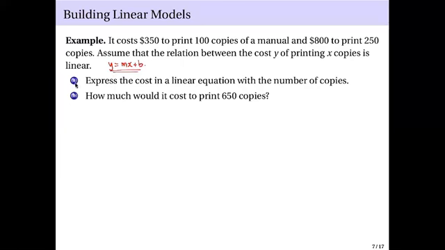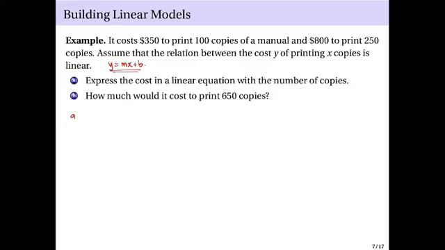So here, for letter A, we want to express the cost in a linear equation with the number of copies. In short, we need to find the value of m and b. And then for letter B, since we now have the model, we want to find how much it would cost to print 650 copies.